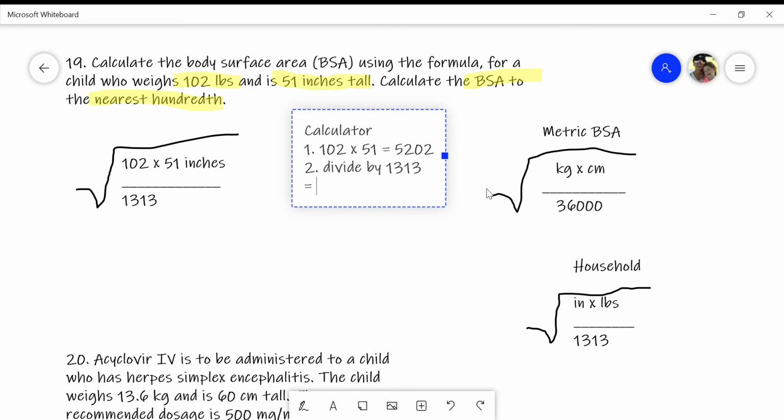Well, that's the thing, I didn't round. So 3.96111.